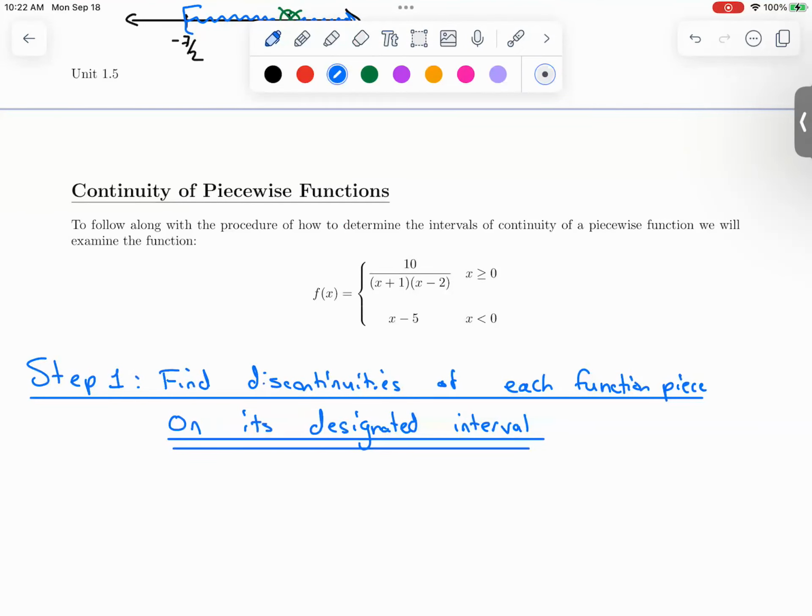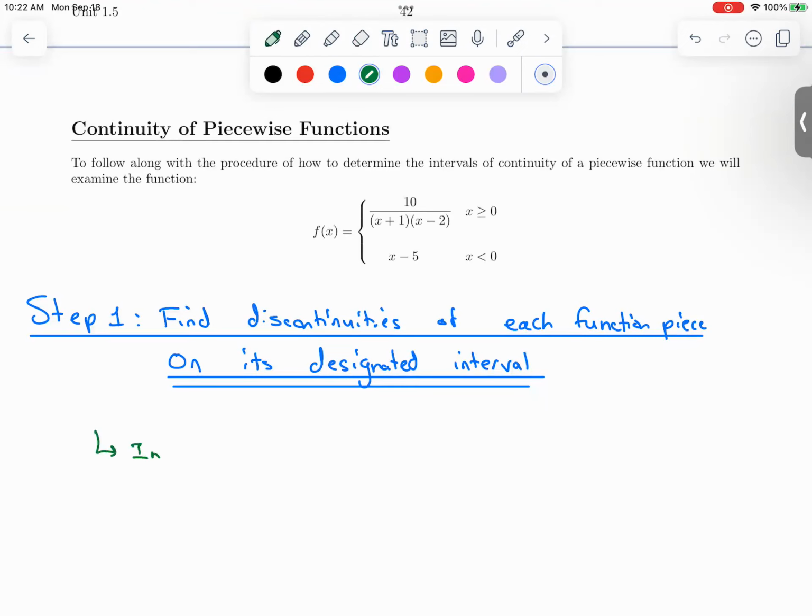So in the example, we have two pieces. For x greater than or equal to 0, we'll say y equals 10 over x plus 1 times x minus 2.